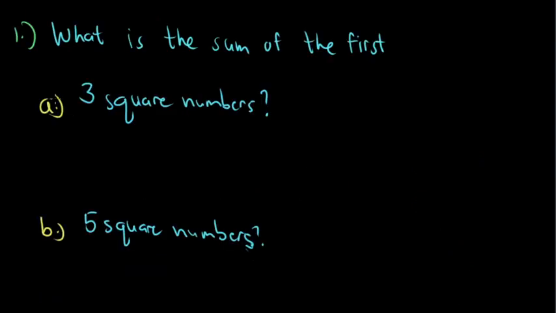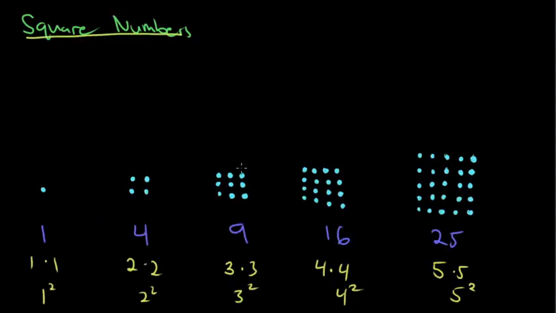Tapos, ang hiningi sa atin sa ating example A ay ang kanilang sum. So, again, we have 1, the first square number, added by 4, the second square number, added by 9, which is the third square number sang-ayon dito sa ating illustration.